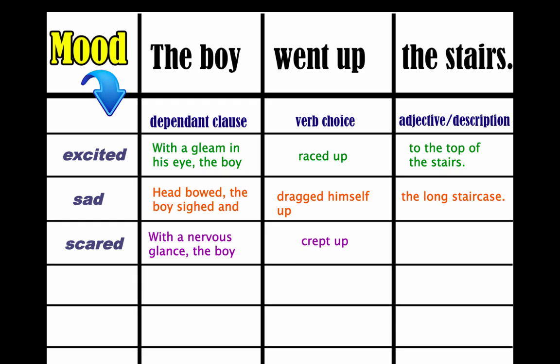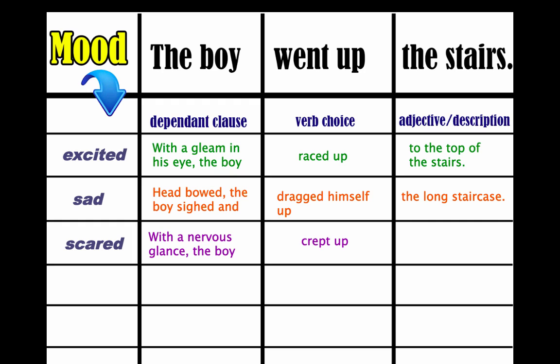So you want to go up quietly, don't you? Especially if you think that there's someone or something up or down those stairs. So we might use crept up. So it's a very slow, careful climb up the stairs.